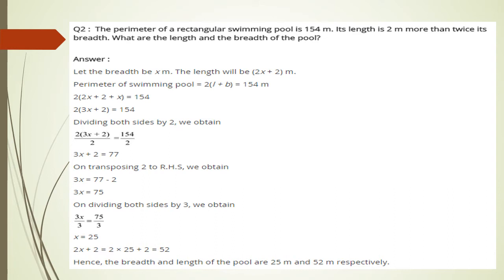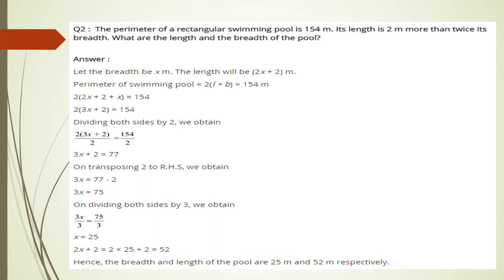Children, come to the second question. The perimeter of a rectangular swimming pool is 154 meters. Its length is 2 meters more than twice its breadth. Children, understand the question. Perimeter means the sum of all the four sides.